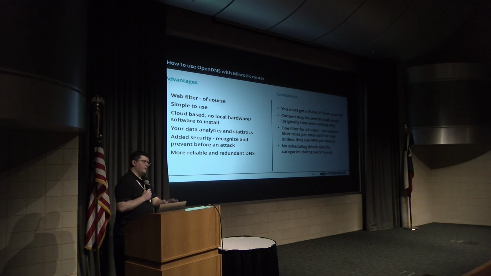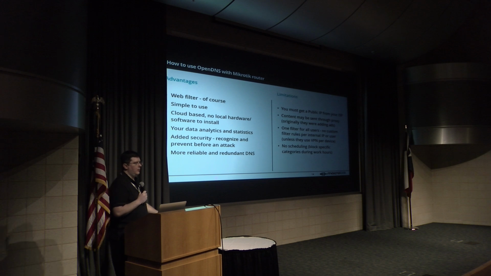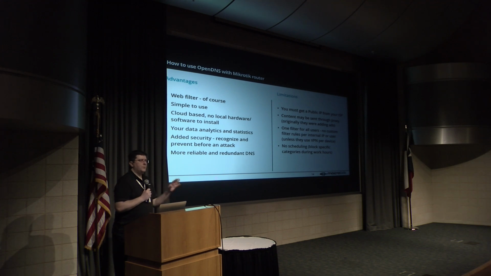So you almost have a filter on and off type of feature, but not really granular settings per user. In the case you have a business and would like to divide different rules per department or group of users, that's not possible.